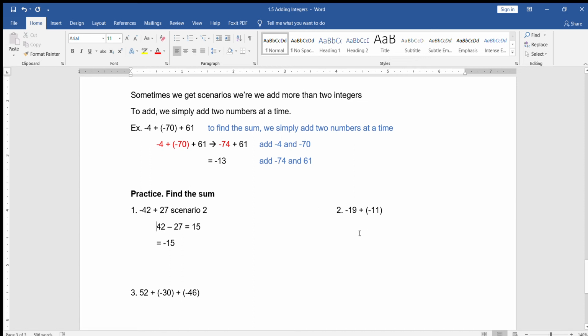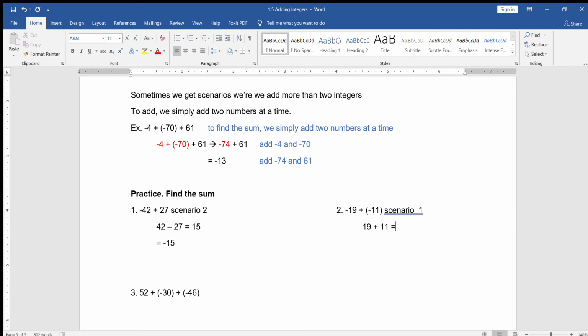Now let's do number 2. In this case, negative 19 plus negative 11 is scenario 1 or 2? Well, scenario 1. So we're just simply going to add the absolute value of negative 19 and the absolute value of negative 11. 19 plus 11 is 40.